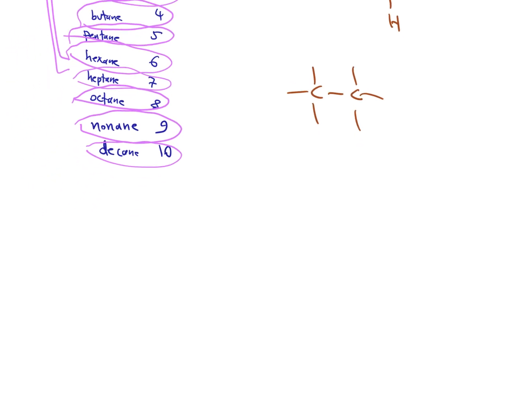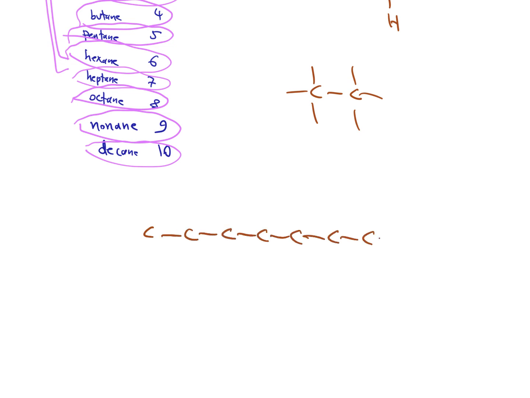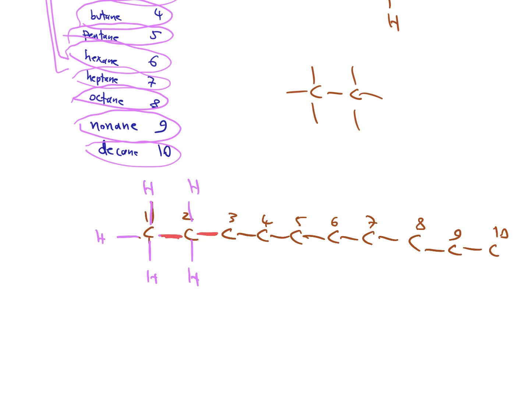If you want to write decane, you write carbons 1, 2, 3, 4, 5, 6, 7, 8, 9, 10. You should know that the valence of carbon is 4. So you put 3 hydrogens here, 2 here. The reason we don't put more is that 2 bonds are already taken. The valence is 4, right? And then we put hydrogens all around. I didn't do a good job writing this.